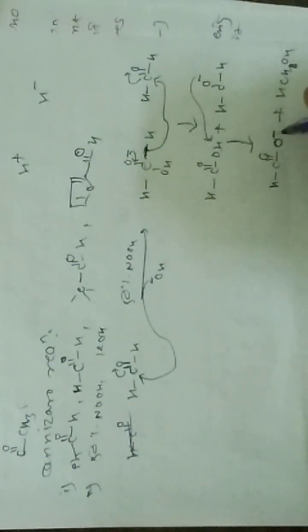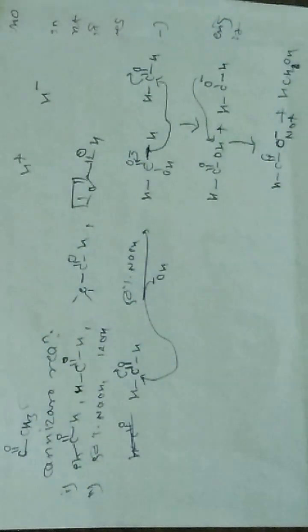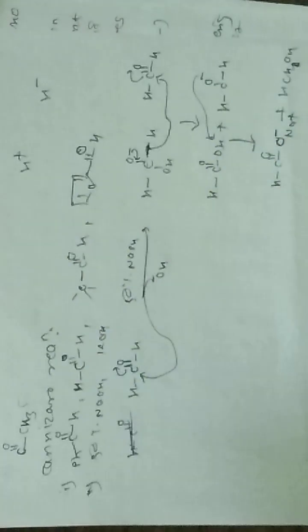The counter ion of that O minus is Na plus, since sodium base is used. The sodium salt of formic acid plus methanol is formed. This is the final product.